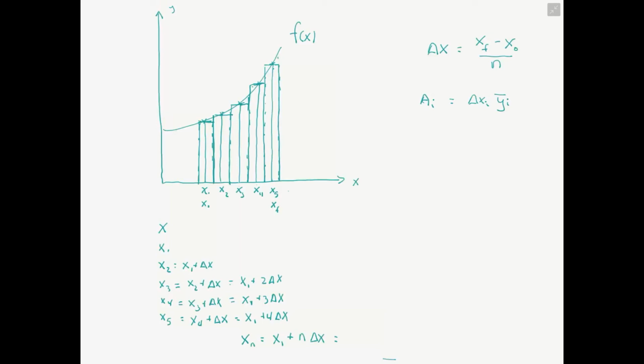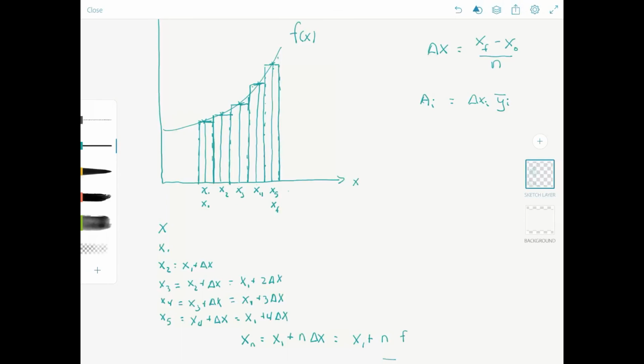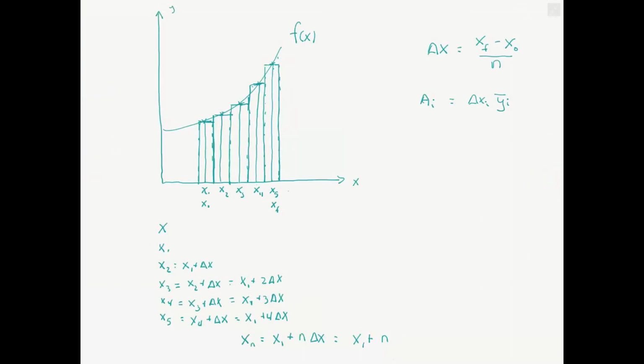But remember, delta x was equal to x1 plus n delta x, which was xf. Well, we'll just leave it like that for now.